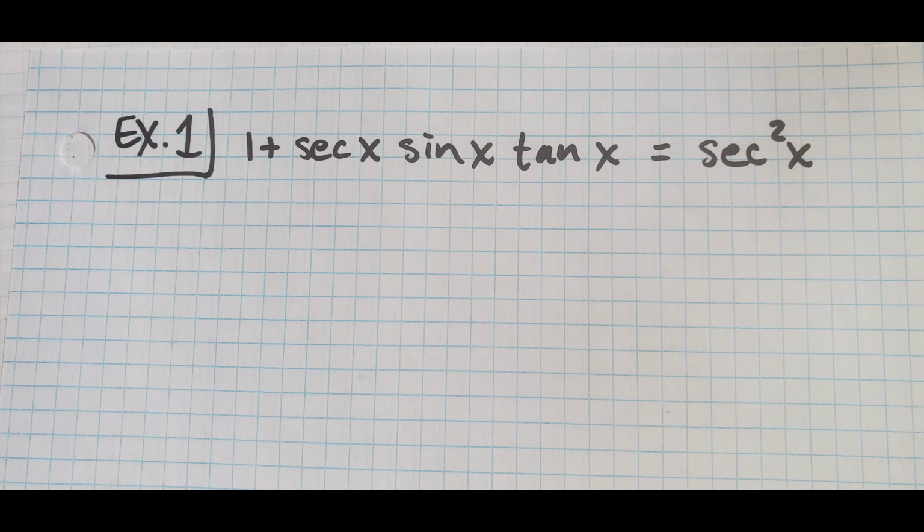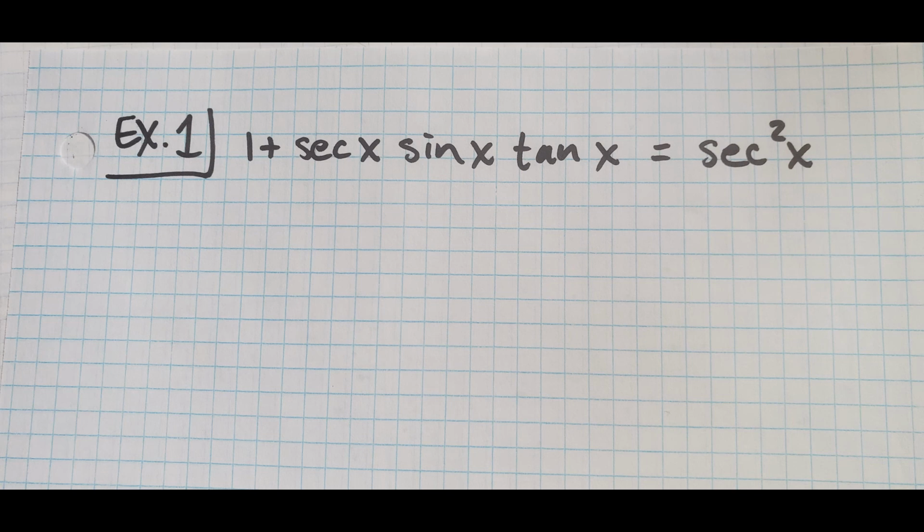All right, so on example 1, we have 1 plus secant of x times sine of x times tangent of x equals secant squared of x. What they ask us to do on this one is verify that the following equation is an identity. So basically, all you're trying to do on these is make one side of the equal sign look exactly like the other side.